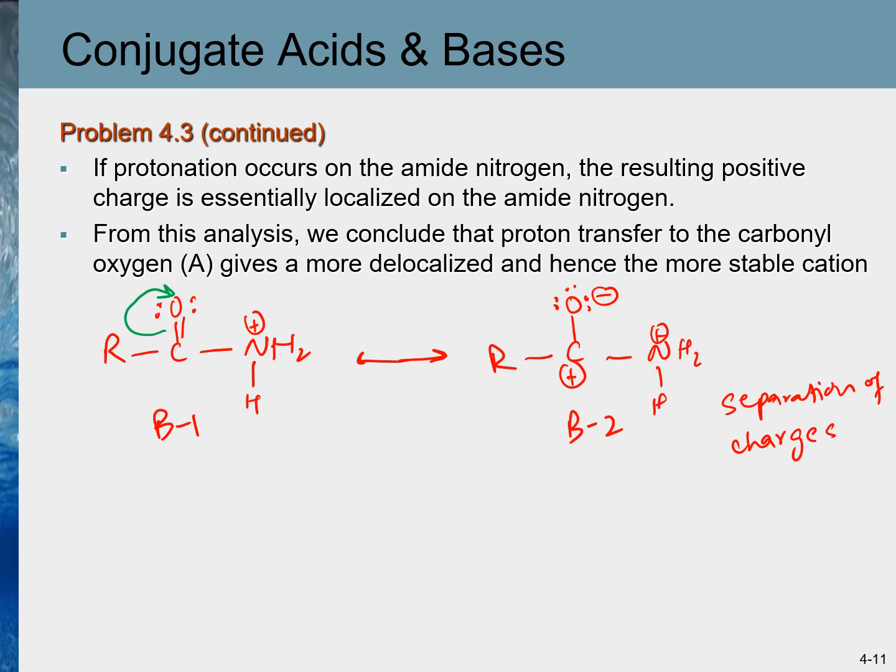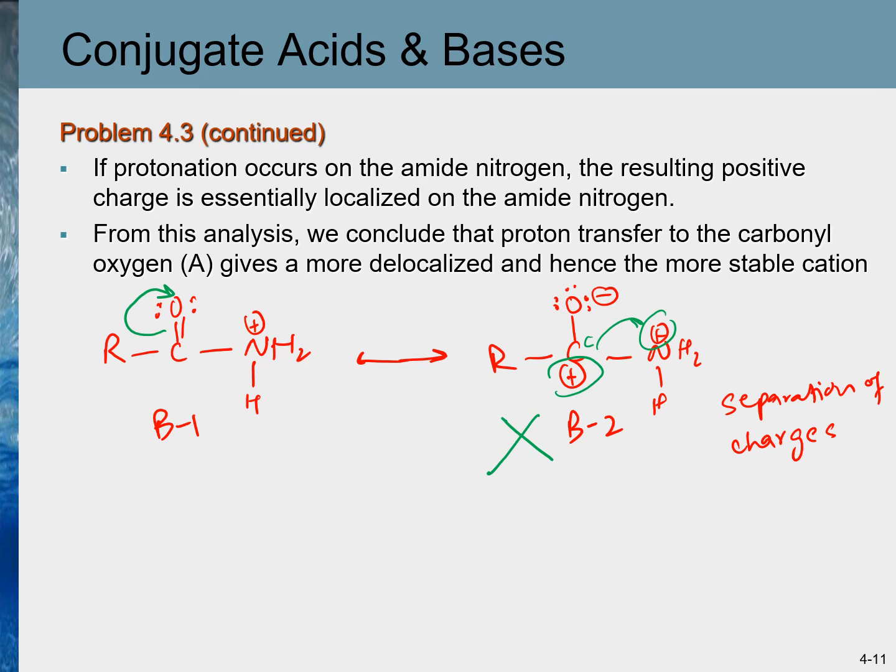And similar charges on neighboring atoms, carbon and nitrogen have the same charge right next to each other, which makes it extremely unstable. Carbon octet is not complete. That also makes it extremely unstable. So the contribution from B2 is negligible. So we can almost cancel it. So in case of B1, species B, only one contributing structure exists.